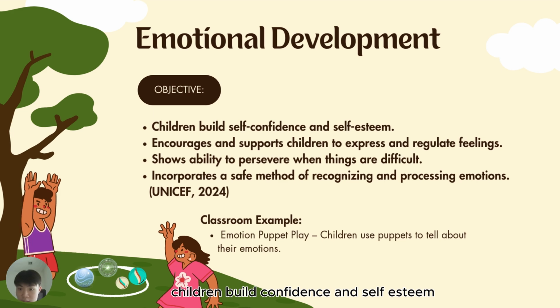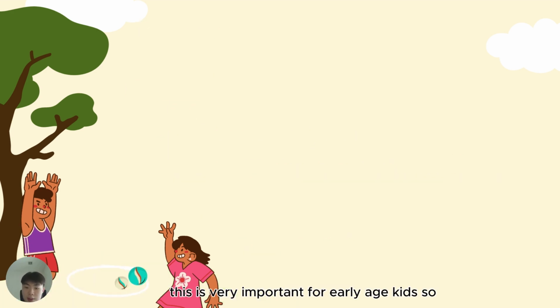Children build confidence and self-esteem at the same time. So children can express and regulate feelings. They show the ability to persevere when things are difficult. This is very important for early age kids.